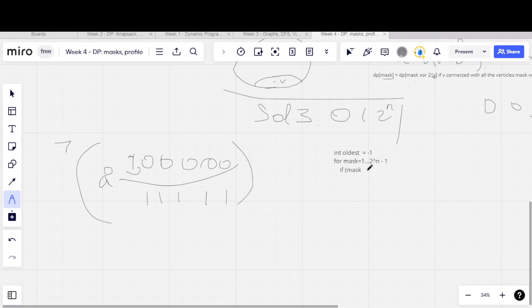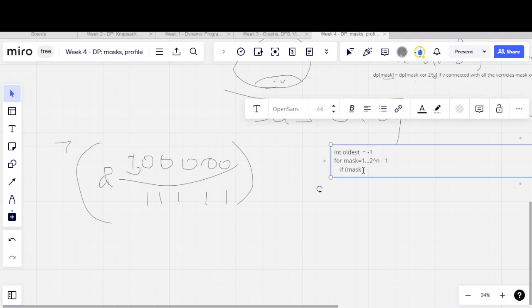So we consider mask. Mask and mask - 1. And here we have what?